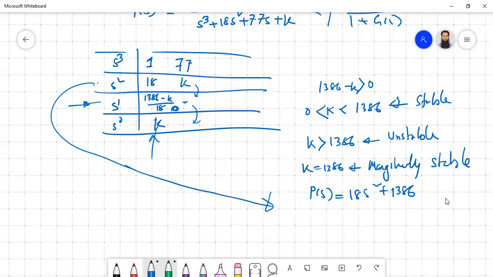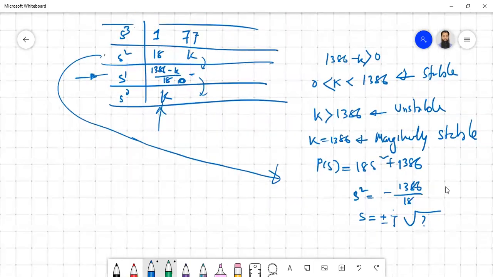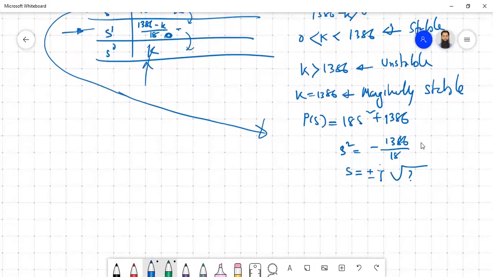Then what we are going to get is s squared equal to minus 1386 divided by 18. So basically s will be given by plus minus j, this quantity, whatever it comes. So this is the location on the imaginary axis.